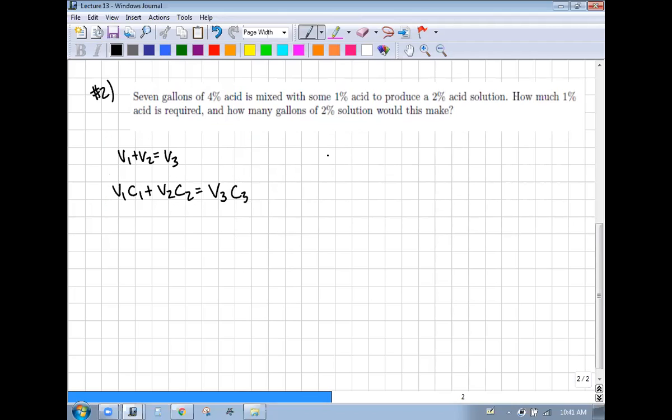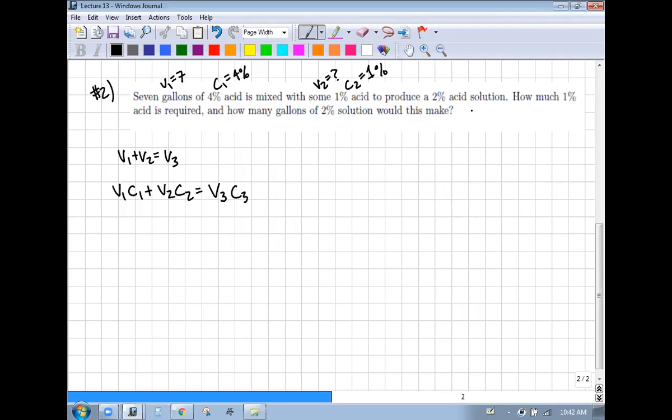All right, so we have 7 gallons. So V1 is 7, and it's a 4% acid. So C1 is 4. And it's mixed with some 1% acid, and it says some, it doesn't tell you how much. So we don't know what V2 is, but its concentration is 1.